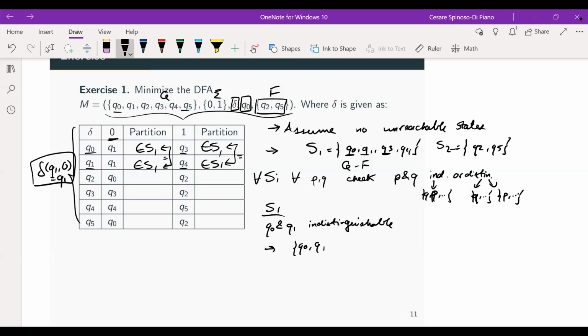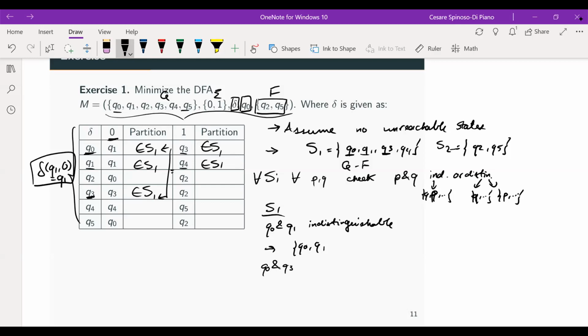Okay, so are Q0 and Q3 distinguishable or indistinguishable? Okay, so I have the partition for Q0 as S1 when it sees 0. For Q3 when it sees a 0, it goes to Q3, which is part of partition S1. So let me erase this. So far, it appears like they might be indistinguishable.